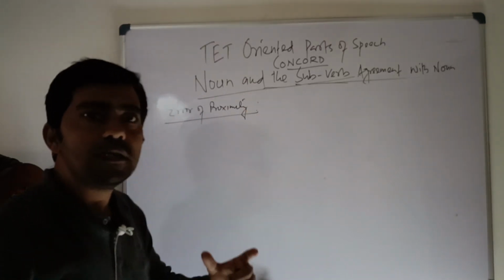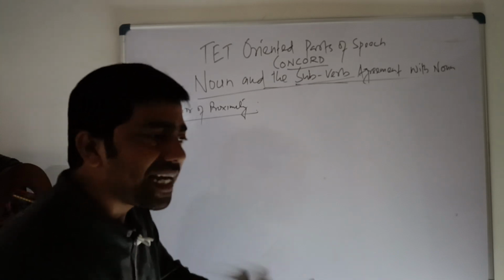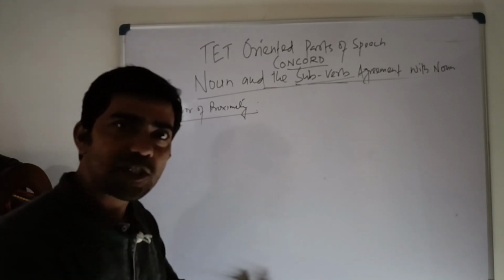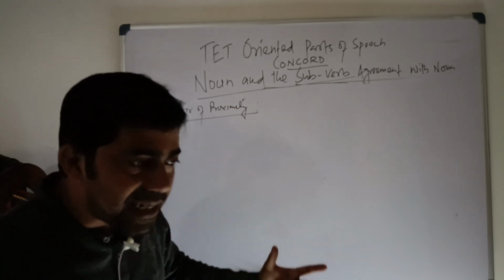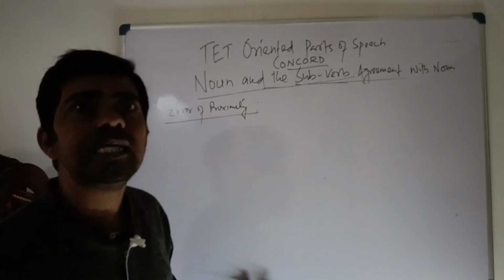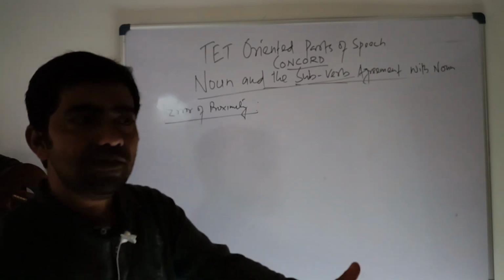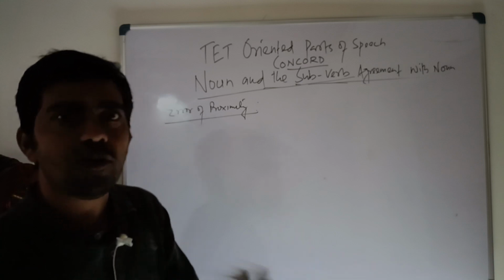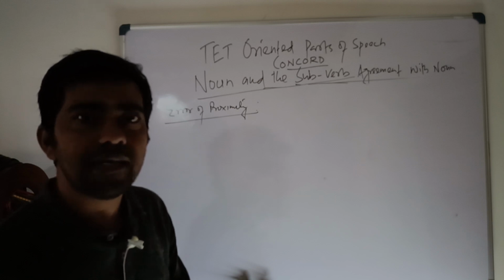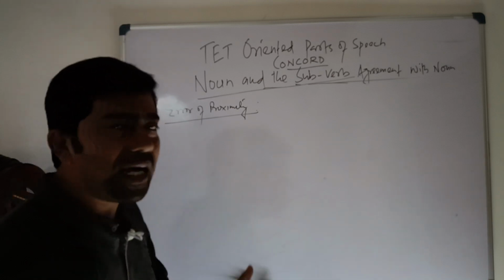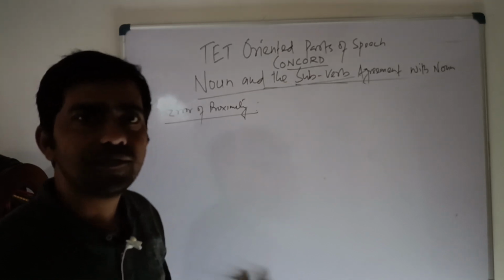Error of proximity is when we generally agree the verb with the nearest noun or the nearest part of speech. Apparently it agrees with the nearest, but if we think deeply, if we categorize and distinguish the noun part deeply, rules wise, then we can find that error of proximity occurs.